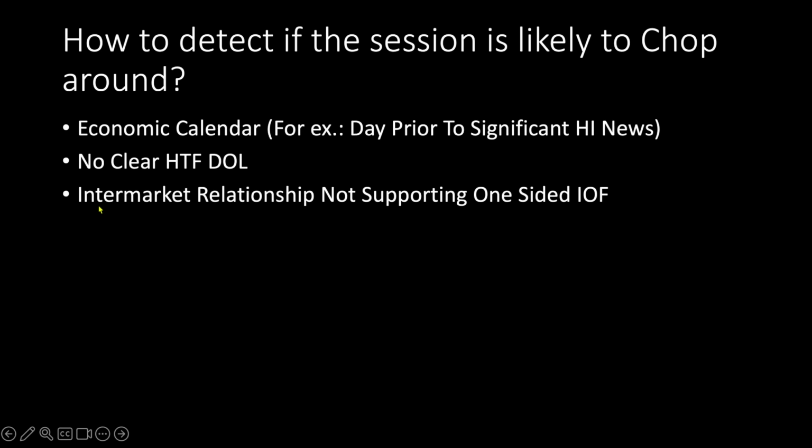Thirdly, we will take a look at intermarket relationship not supporting one-sided order flow. Meaning that intermarket relationship is not showing signs of, for example, the dollar distributing lower whilst the index futures are going higher, or for example, the index futures themselves not being in sync with one another.